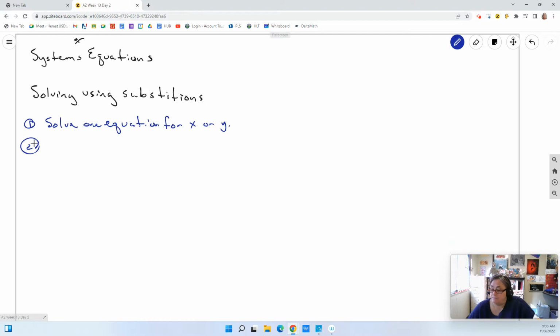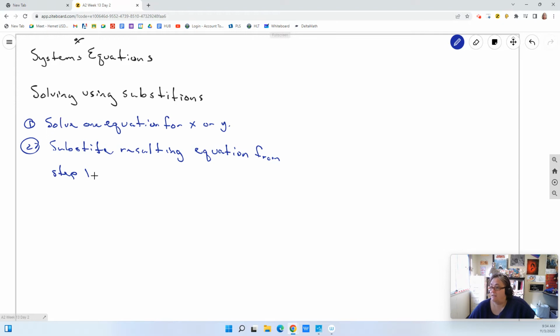Number two, we're going to substitute the resulting equation for either x or y, depending on whatever we solve for, from step one, into the other equation for that variable, I guess.